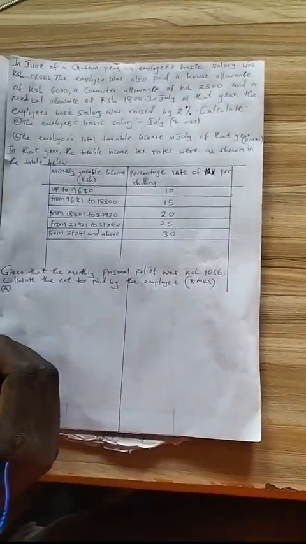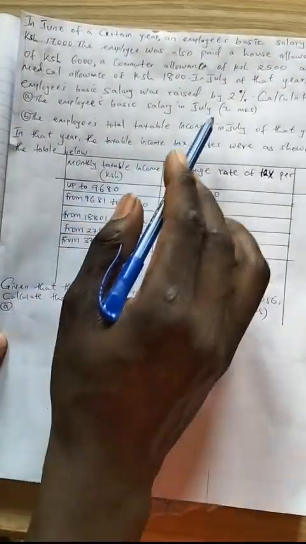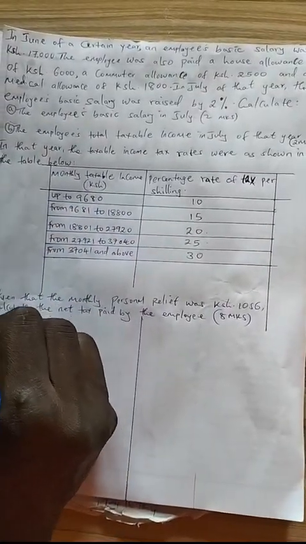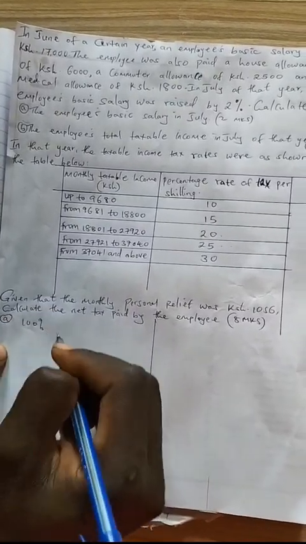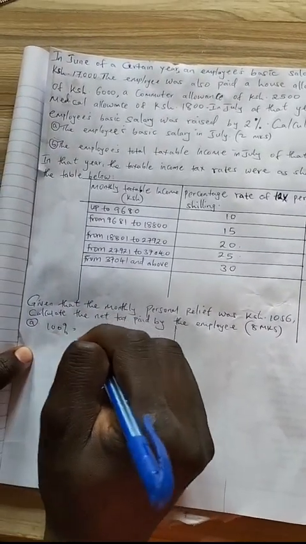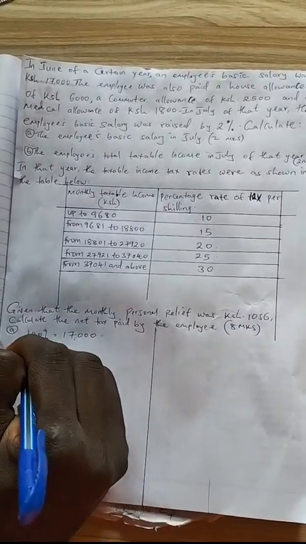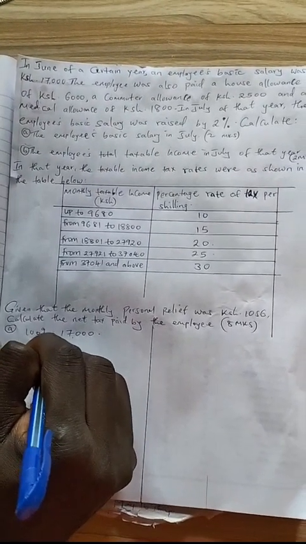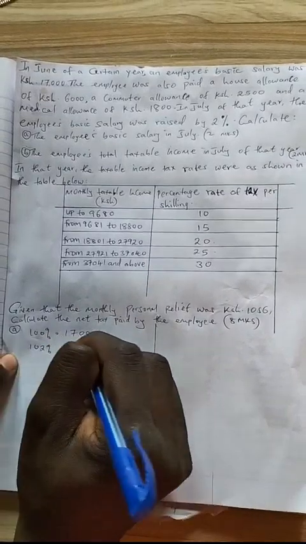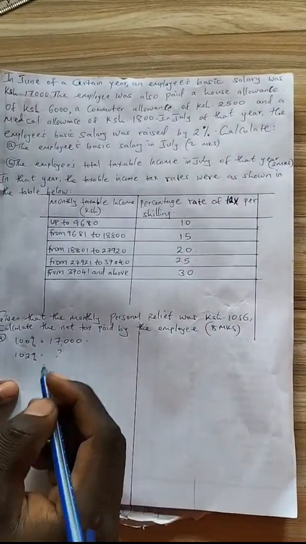We are looking at the initial salary, or 100% of the salary in June. It was 17,000. So we ask ourselves, if 100% was 17,000 Kenya shillings, what amount is 102%?